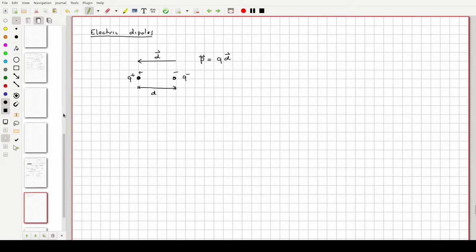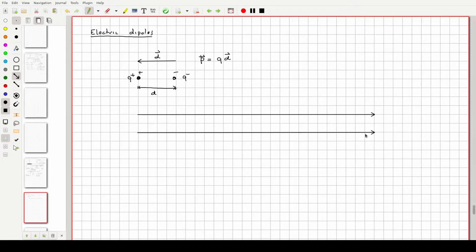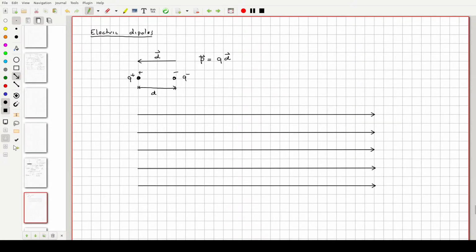So if you were to think of an electric field, let's just think of a constant electric field that maybe is passing through here, like this. So here's your electric field. Remember, fields are just arrays of vectors. So here's your field like this.